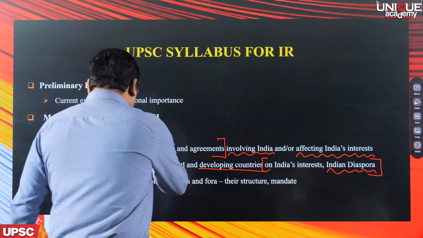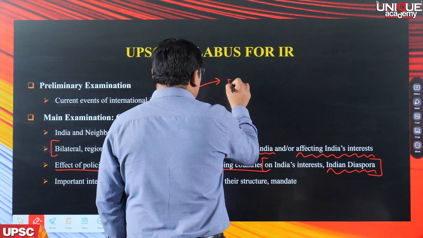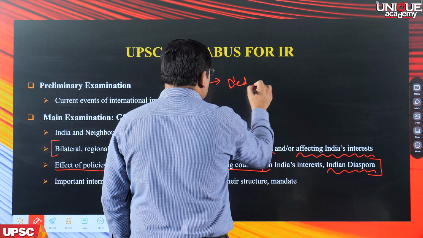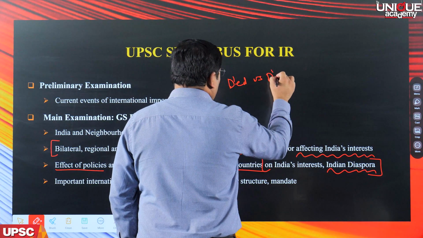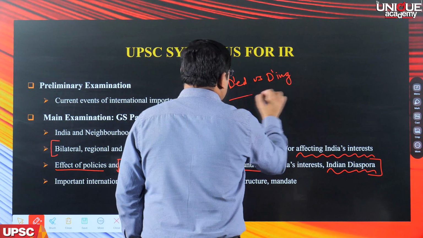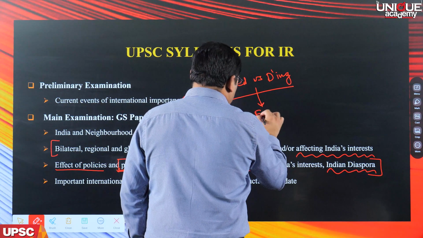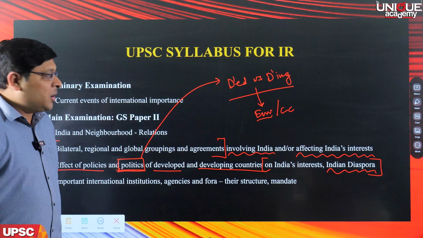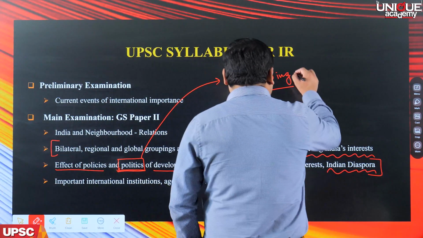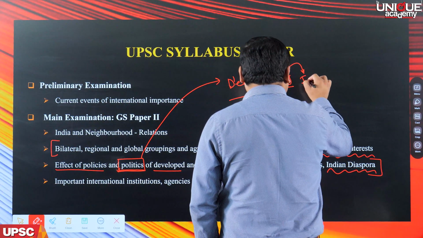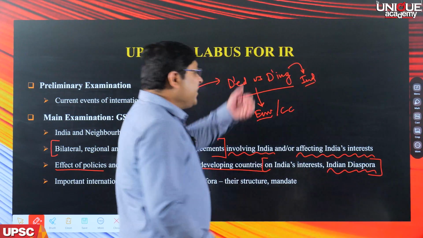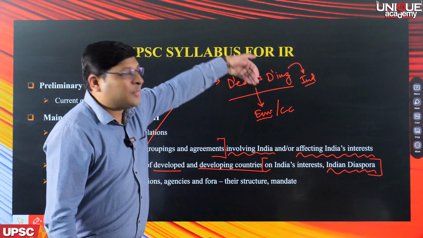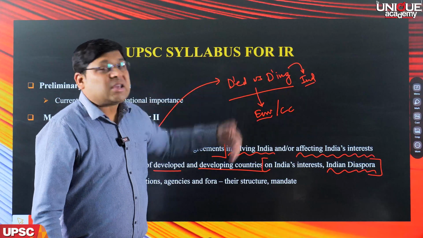So the politics, say, between developed countries versus developing countries on the question of environment or climate change. Now, India is part of what is called developing countries, and India's policies and the policies of developing countries are the same.